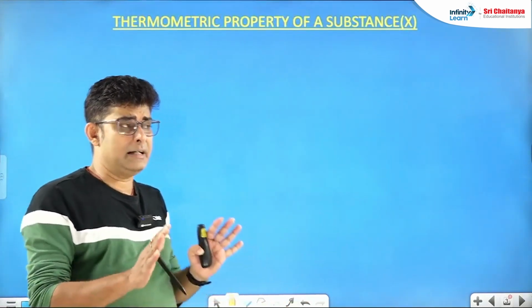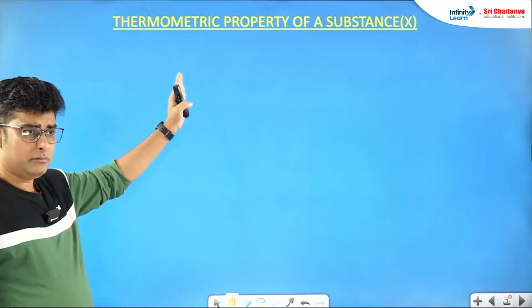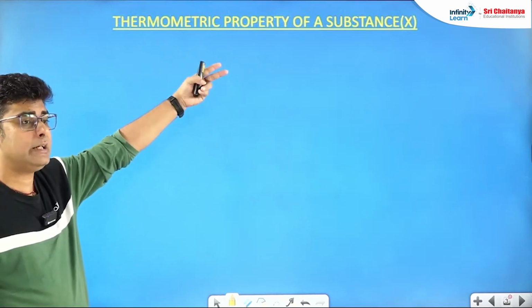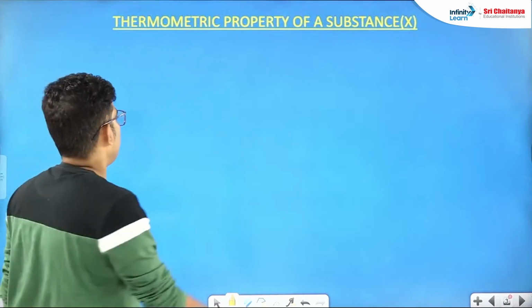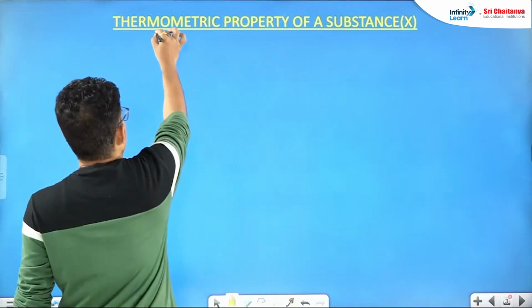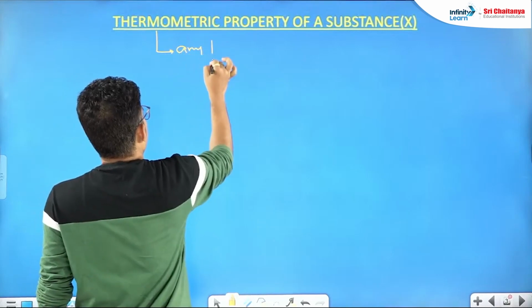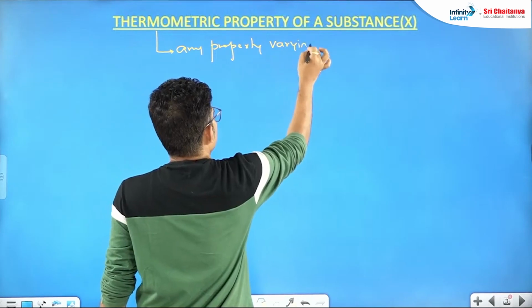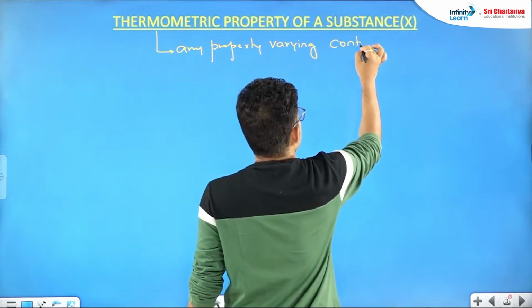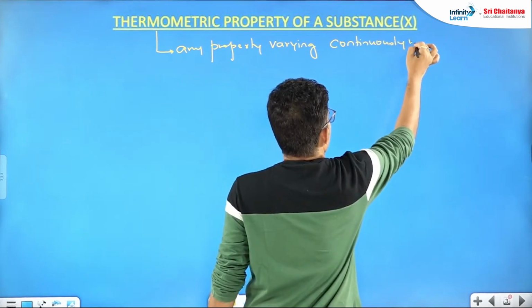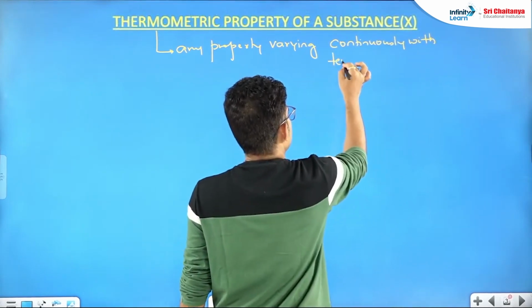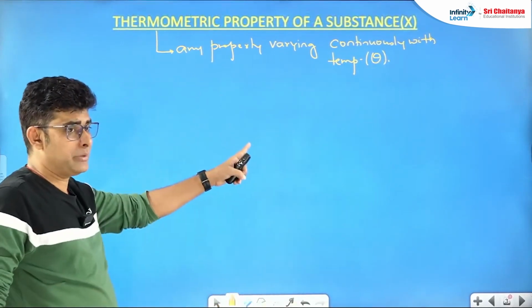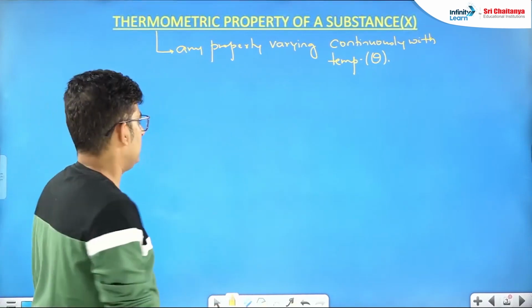So when we say that the property of a substance is changing linearly with change in temperature, that property is called a thermometric property. We denote it as X. So what is it? Any property that varies continuously with temperature, let's take temperature as theta, is known as a thermometric property.